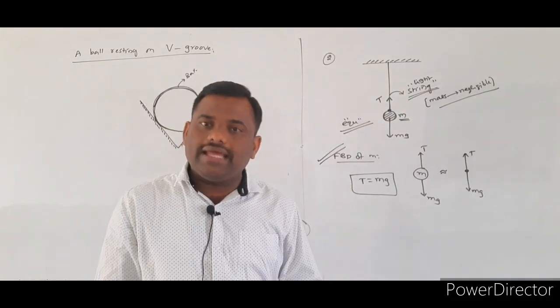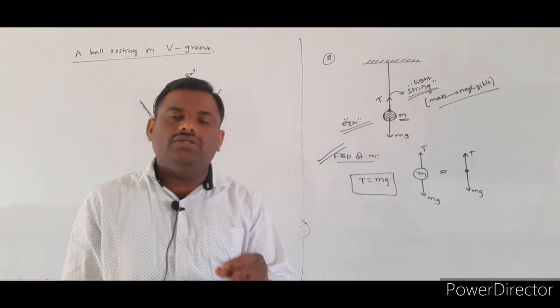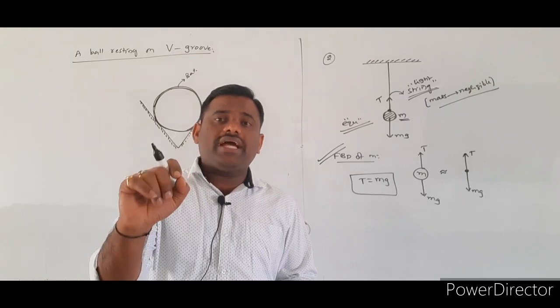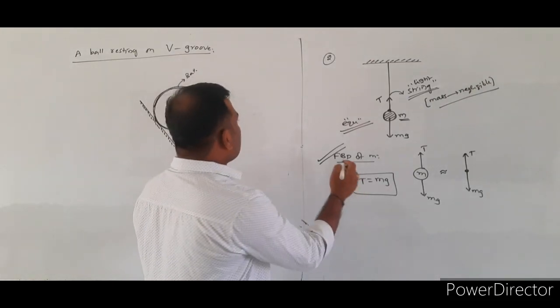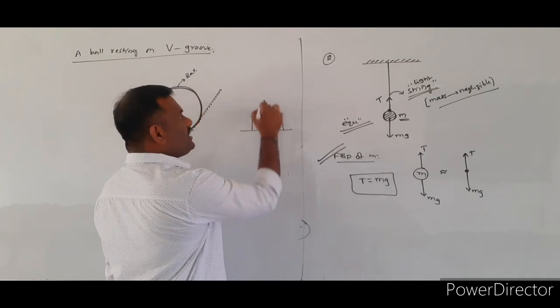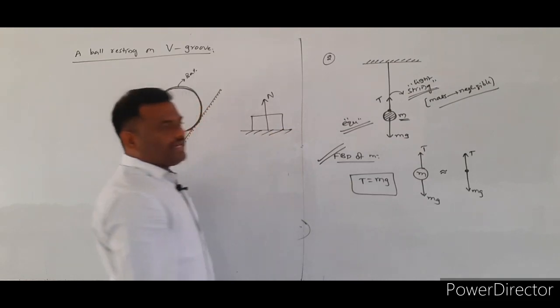Contact forces arise. Out of them, we already discussed the normal reaction. How will the normal reaction be drawn? Always the normal reaction will be drawn perpendicular to the surface of contact. Suppose you consider a horizontal surface, the normal reaction will be drawn perpendicular to the surface of contact.